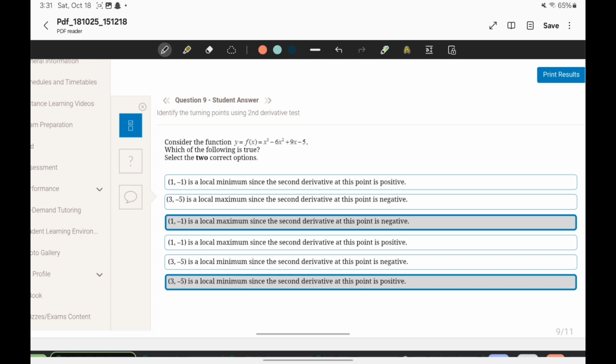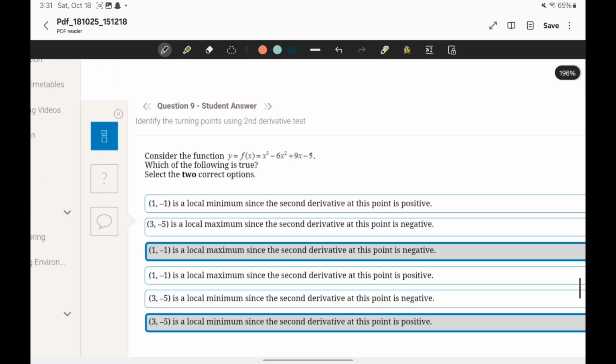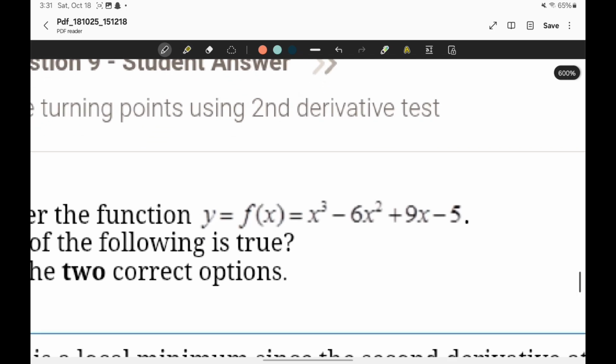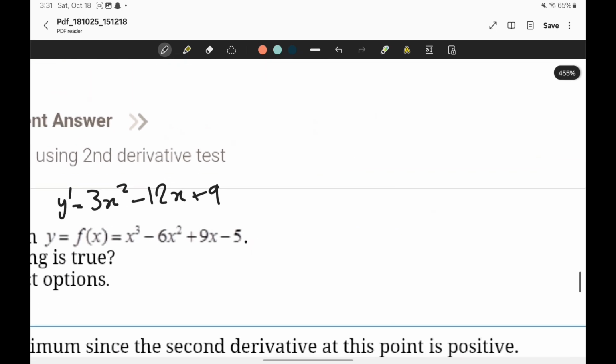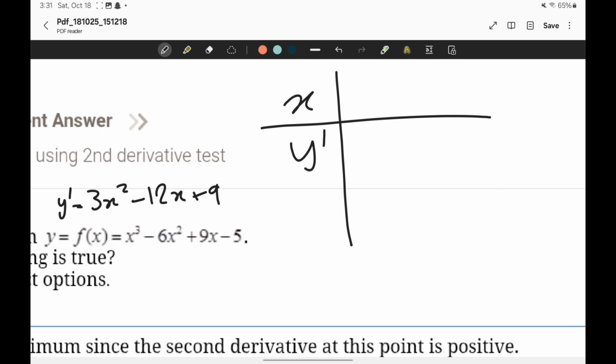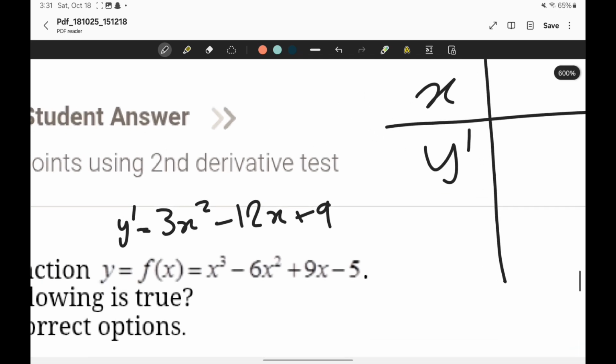Number 9, this question looks different, but in the end it's actually the same thing. So first thing we're going to do is y prime equals 3x squared minus 12x plus 9. Make our table, x, y prime, and here you get the roots are x equals 1 and x equals 3.